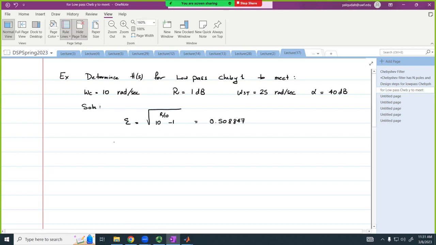We're going to calculate omega stop over omega cutoff, which is equal to 2.5, that is 25 over 10. And therefore, I'm going to plug it into Tn squared. So we want Tn squared at omega stop over omega cutoff to be greater than or equal to 10 to the power of alpha, which is 40, over 10, minus 1, over epsilon squared.